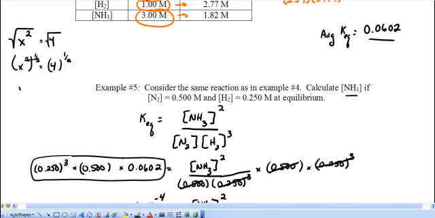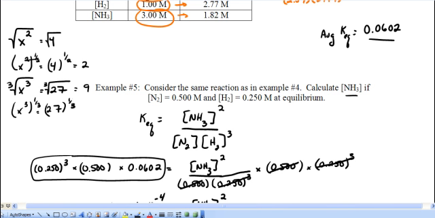Or if we have, say, x cubed equaling 27, you can take the cube root of both sides, or raise both sides to the 1/3 power. Either way is fine. However you learned it in math is perfectly acceptable.